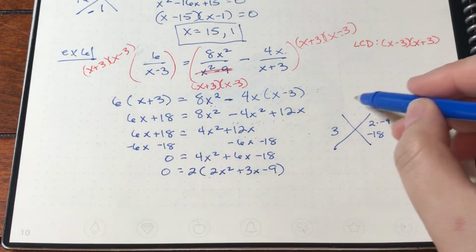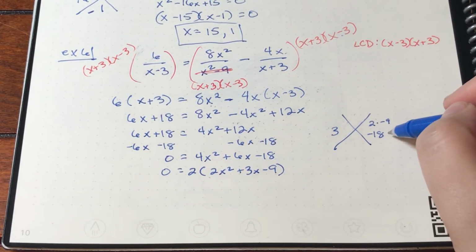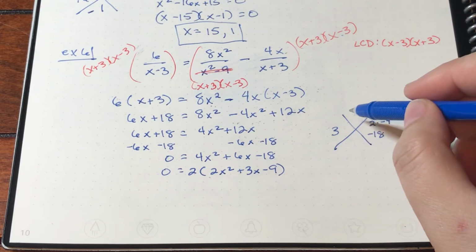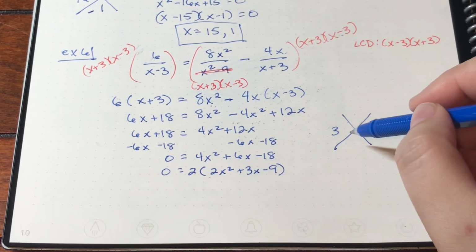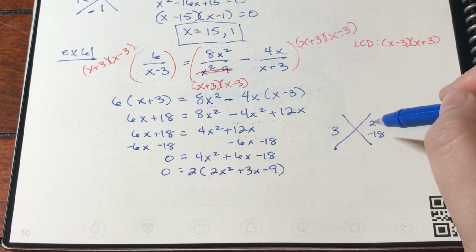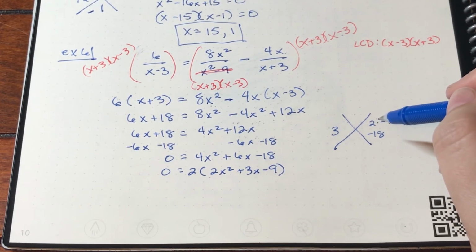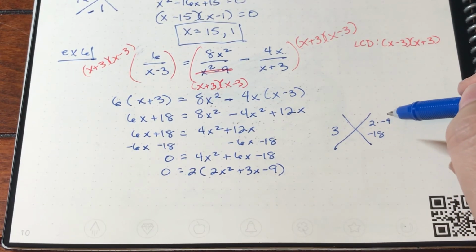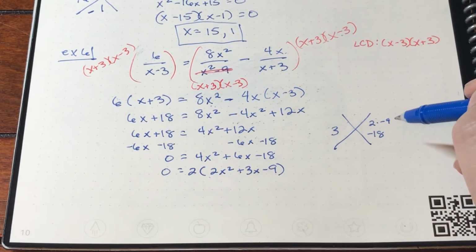So two numbers that multiply to make negative 18 and add to make 3 are, I'm blanking.